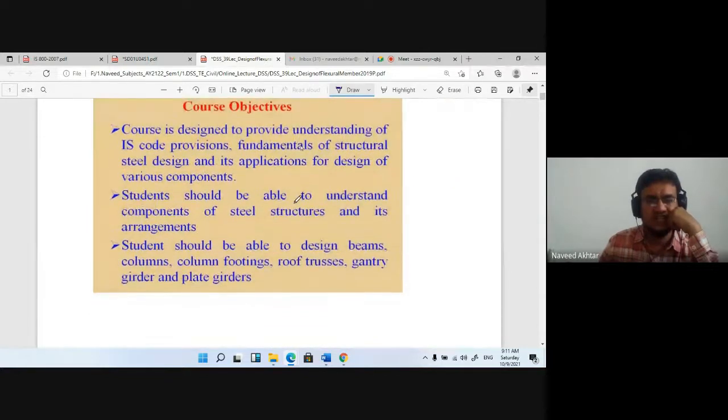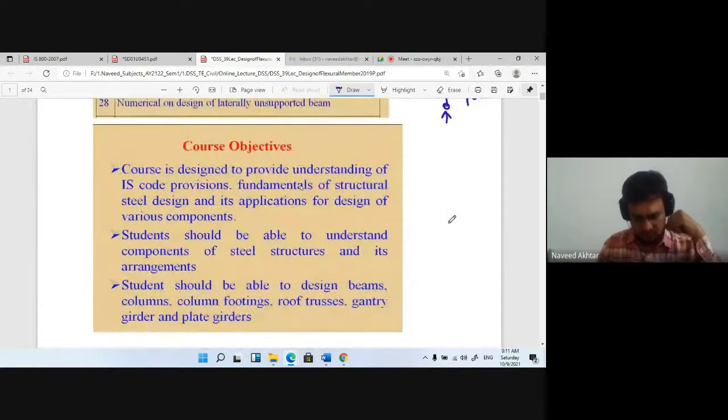Once again, we will see our course objective, that is civil engineering, this subject design of steel structure. Course is designed to provide understanding of IS code provisions, fundamentals of structural steel design, and its application for design of various components of the structure. The student should be able to understand components of steel structure and its arrangements.